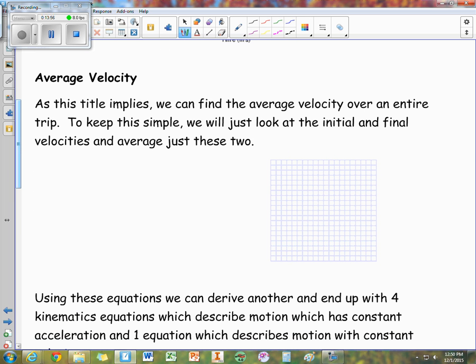All right, another topic that's useful is average velocity. If you're in a car going from point A to point B, as you're driving, you're not going to maintain a constant velocity the entire trip. You're going to have to speed up, slow down. You're going to encounter stoplights, changes in posted speed limits. There's a lot to it. So what we may be interested in is just what's the average velocity?